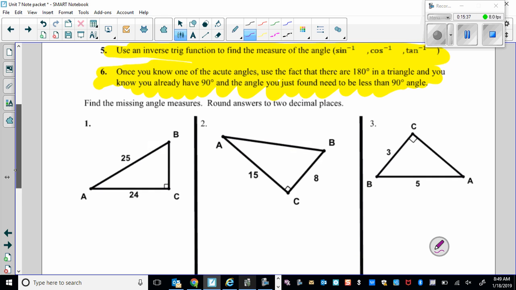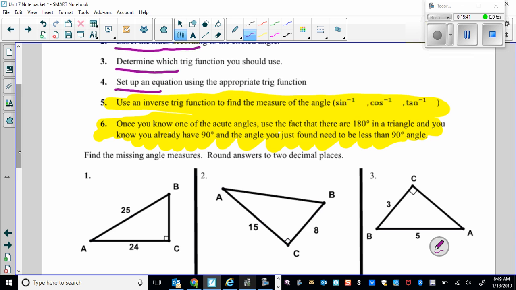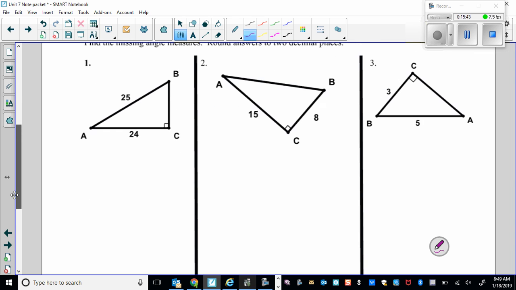So find the missing angle rounded to the nearest decimal. So which one you want to solve for, A or B? Doesn't matter. Pick one. Okay. So I want to solve, let's say, for A. So I'm going to circle A. And then in this case, I'm only going to label the given information, right? So this side close to A, this is my adjacent side, right?